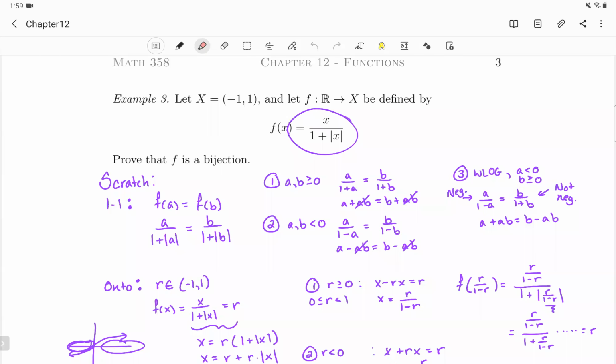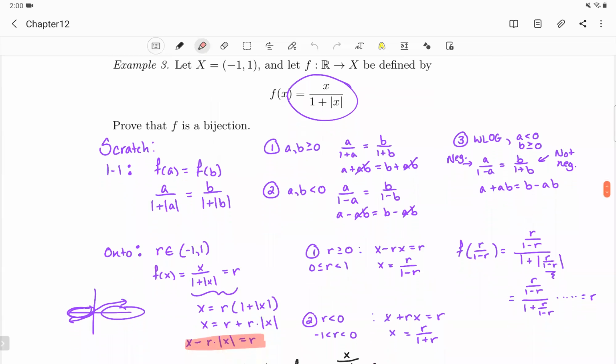Okay, so last time we learned some new words: one-to-one (injective), onto (surjective), and bijective. Then we saw how to prove something's one-to-one and onto, making it a bijection.